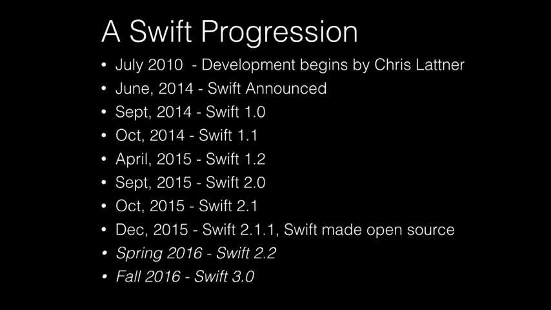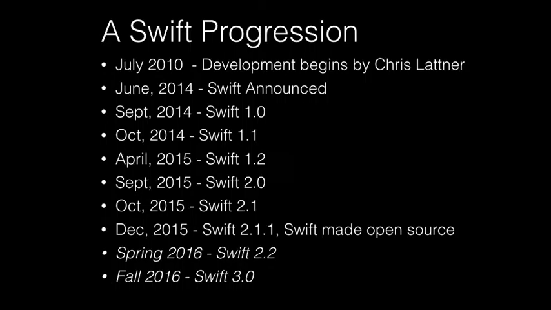And some of them were just clarifications, like things that confused a lot of people, so they would change them. And one thing that's kind of neat about Swift is that now that it's open source, we can actually influence it. You can go and make suggestions, and Apple is responding to people's suggestions. So we have influence over its future. I put in a couple of future dates here.